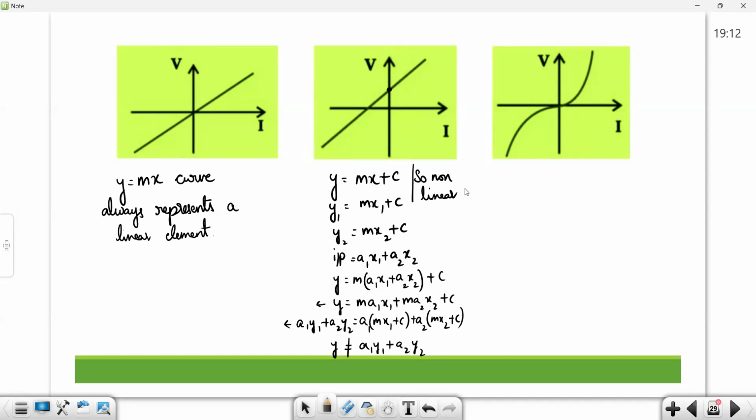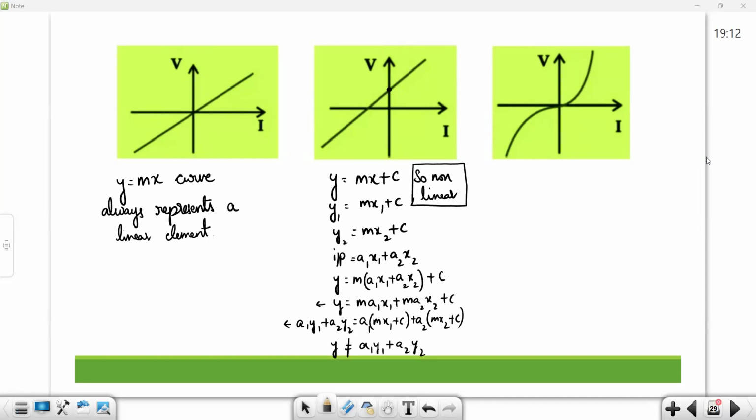Done? Is it clear? If you are having any doubt, please tell me. All these things you will be learning in your signals and systems also, even though I am explaining it. Please tell me if you are having any doubt. Any doubts?